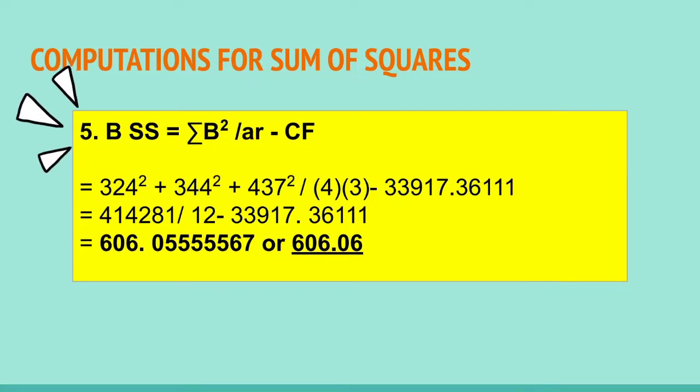So equals 324 squared plus 344 squared plus 437 squared divided by 4 times 3 minus 33917.36111, equals 414281 divided by 12 minus 33917.36111, equal to 606.0555567, or 606.06.